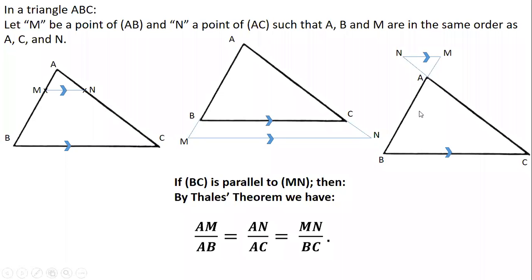Please, can you repeat this, Fadel? The first ratio you start AB over AM, then the second ratio you start AC over AN. Okay, Fadel?